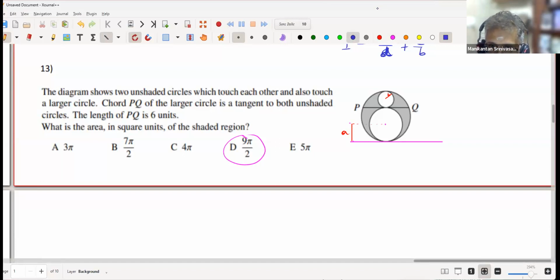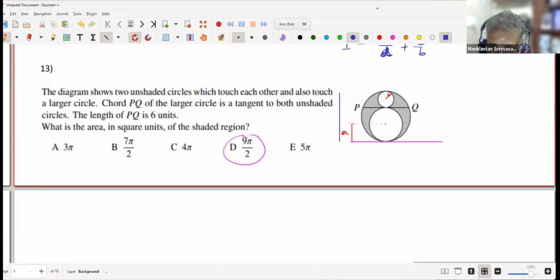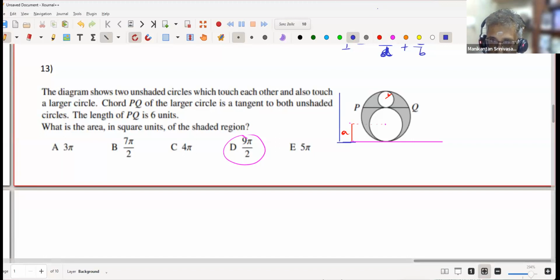again, multiple ways to do it. I find it easy to just record everything clearly, right? So the height of this is 2A plus 2B.